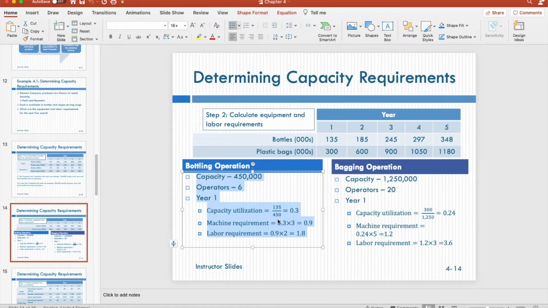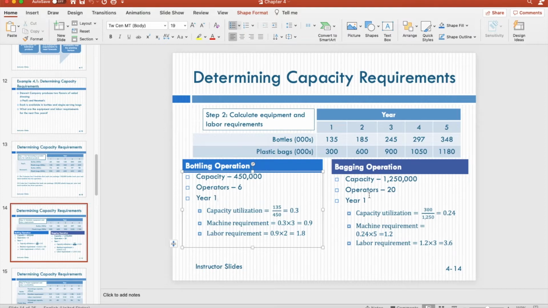The most appropriate level would be that the capacity level is still higher than your market demand realization or prediction, but not too high compared to it. So we need to find a proper level. Now, this is the bottleneck operation for year one.